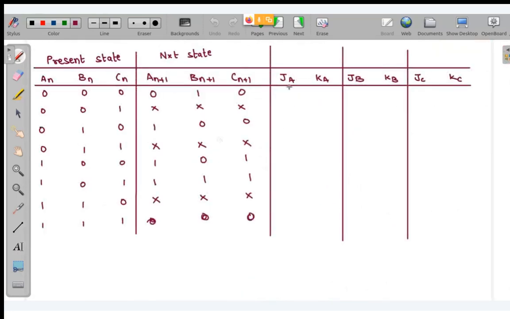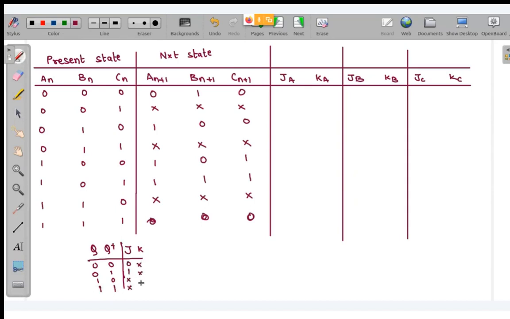Now very quickly we need to fill this table. Q plus, JK: 0 0, 0 1, 1 0, 1 1. So this will be 0, 1, don't care, don't care.